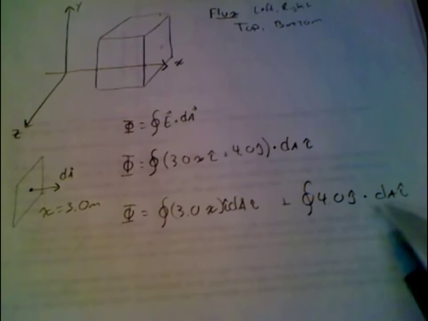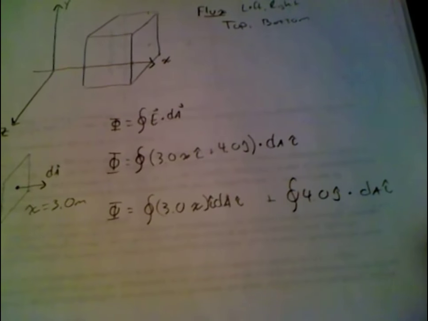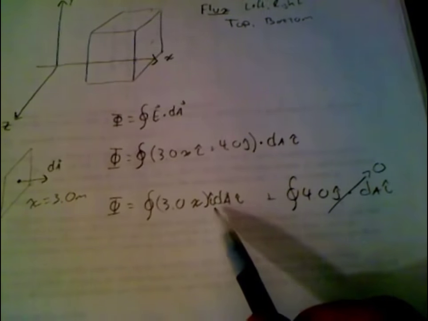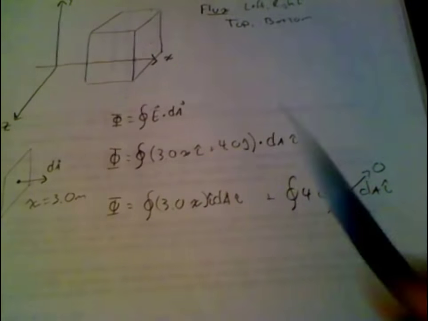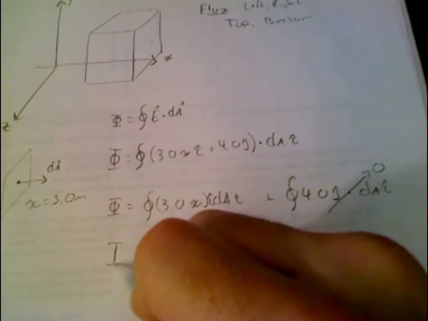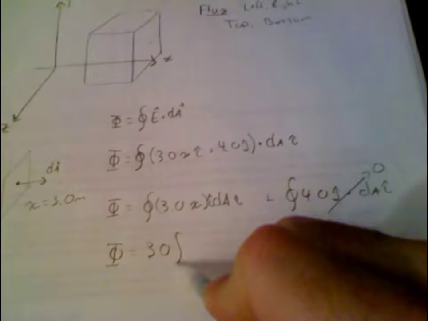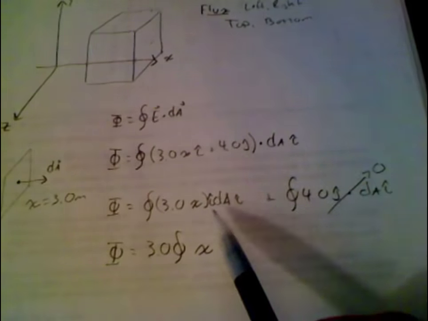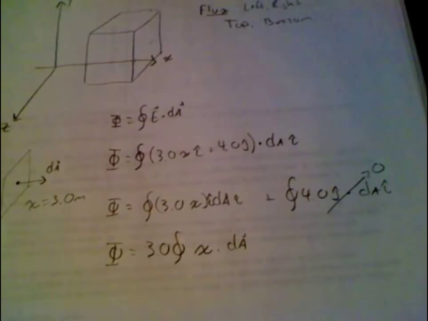I know i and j are 90 degrees apart, and in a dot product 90 degrees goes to 0. I know in a dot product i dot i is going to be 1. I'm going to pull out my 3 here. So now the flux is equal to 3.0 times the integral of x, with i dot i being 1, dA.